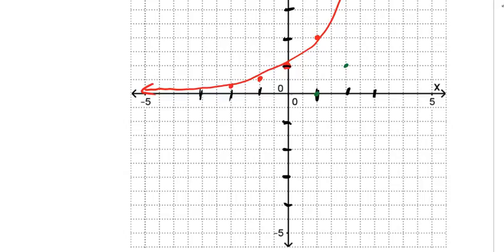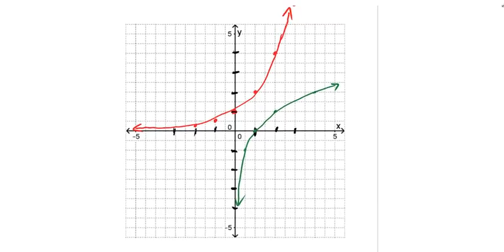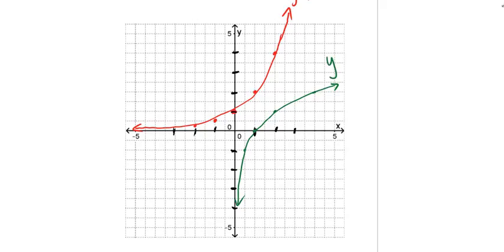And on the other side, negative 1 and a half would be a half and negative 1. And I think I can get another point here. So this is a graph of y equals log base 2 of x.